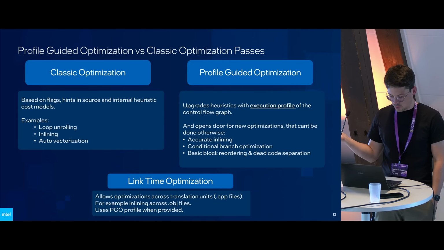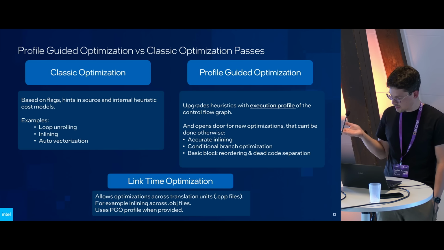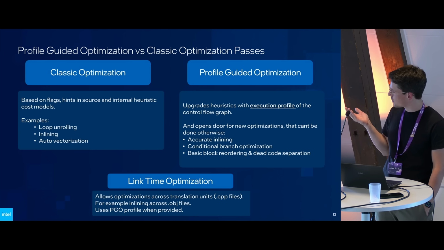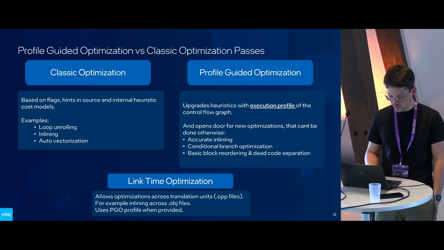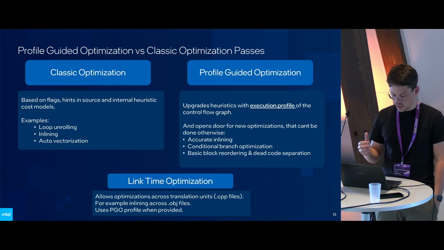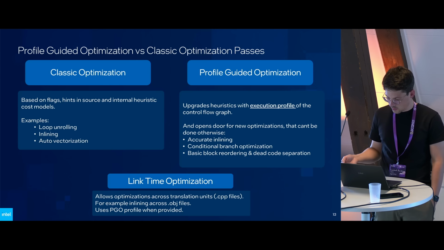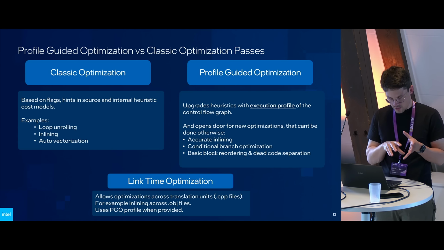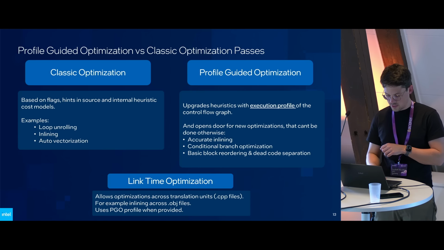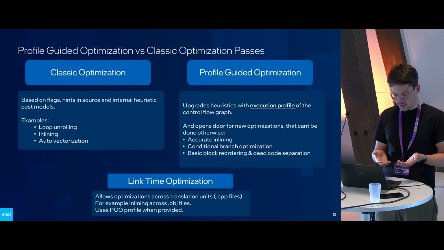PGO has been around for more than 20 years. The idea is to use this execution profile from hardware to create feedback for the compiler. And this enables additional and more precise optimizations, because we now have the knowledge of how the application is actually executed on the CPU. Based on that, we can do more precise optimizations.